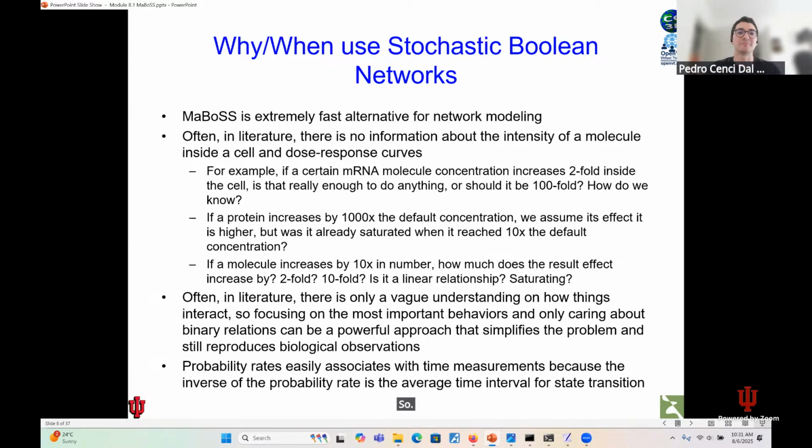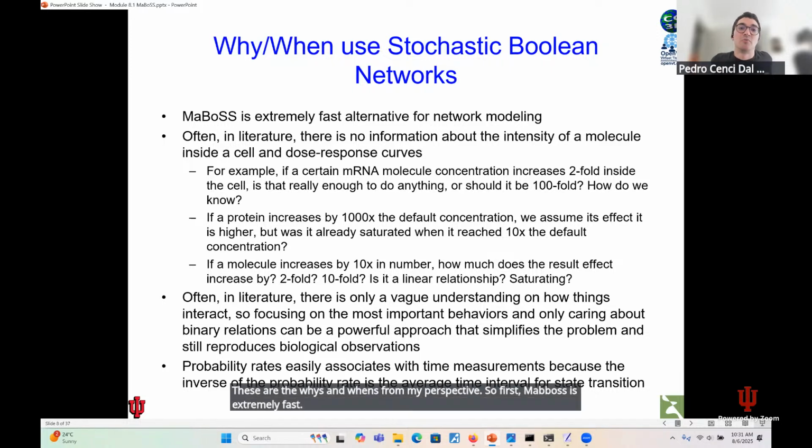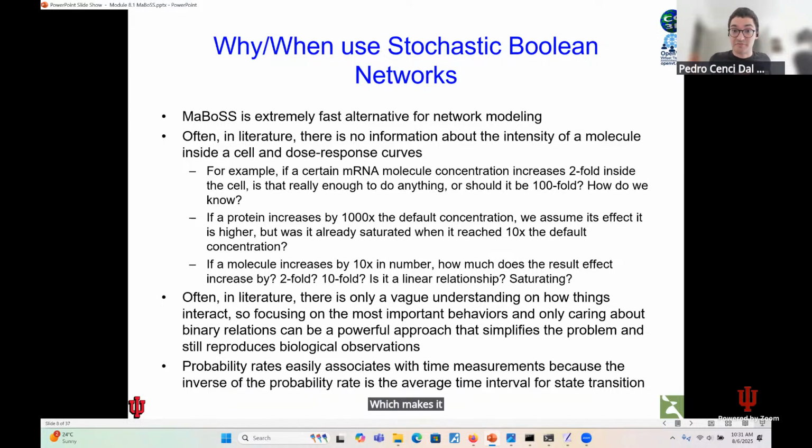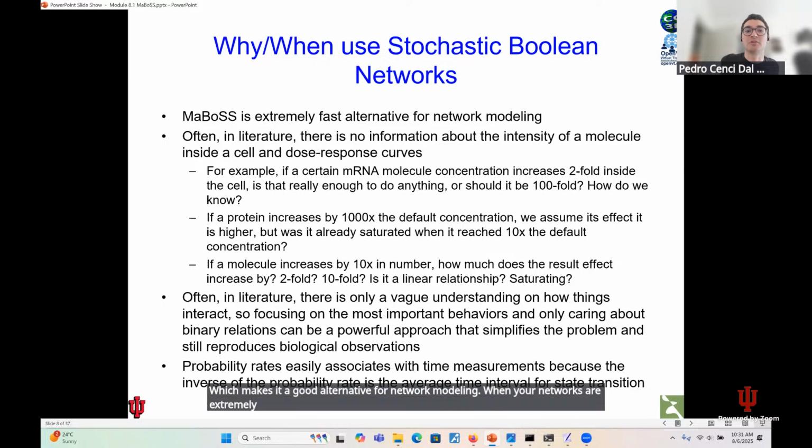Here, as a MaBoSS user, these are the whys and whens from my perspective. First, MaBoSS is extremely fast, which makes it a good alternative for network modeling when your networks are extremely big and don't require as much detail.